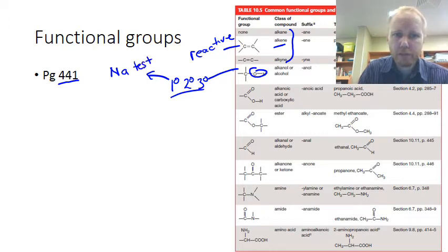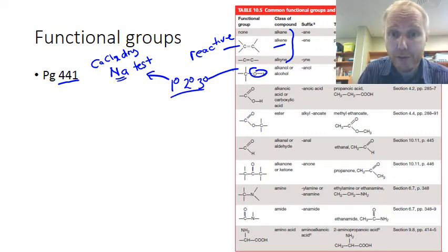So if we add some sodium into alcohol, we'll get some bubbles of gas forming, hydrogen gas forming. Remember, we need the alcohol dry. So before that, we add some calcium chloride, something like that, to dry the alcohol. Okay, want it nice and dry because otherwise the sodium will react with the water and not the alcohol.